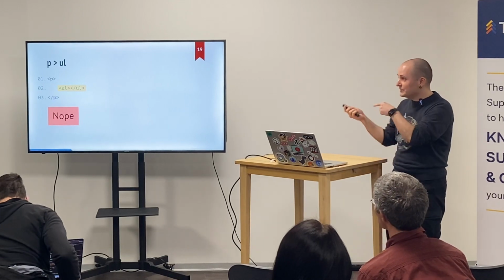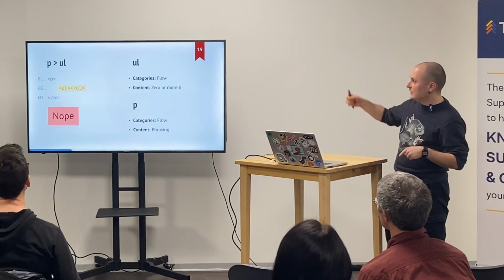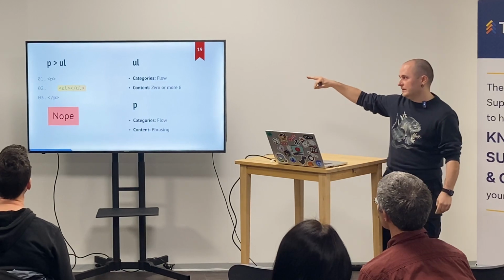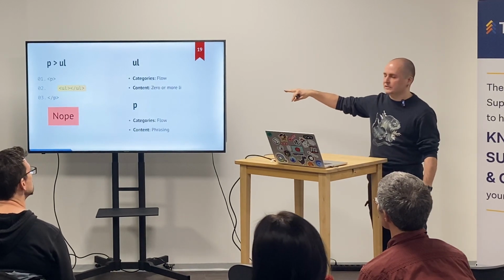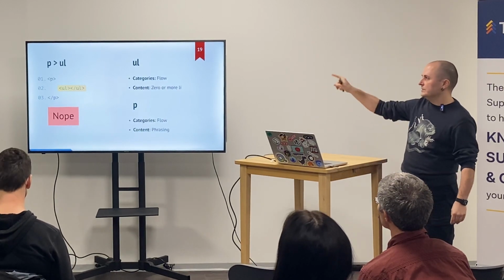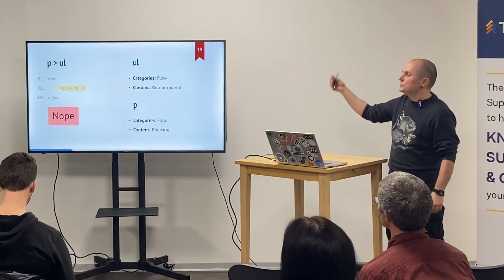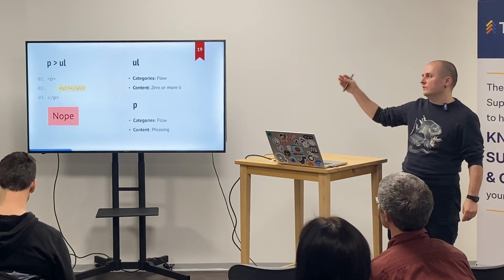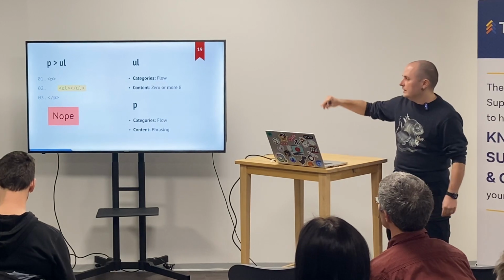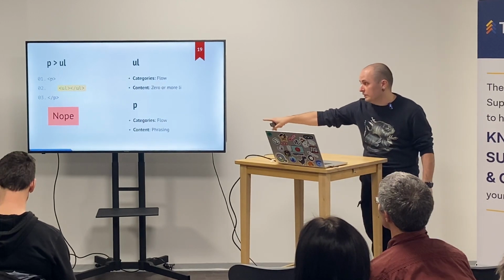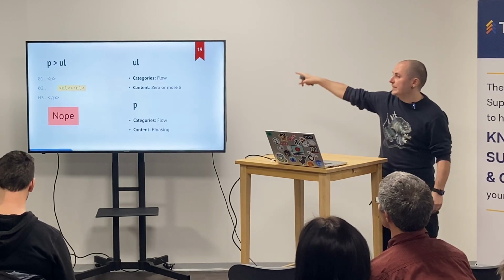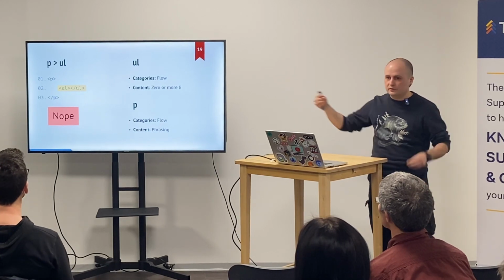But the answer is actually in the spec. There is a category for every tag, and there is a content model for every tag. So, for example, in this case, we're not supposed to nest lists inside of a paragraph because the paragraph's content model is phrasing, and the category for UL is flow.